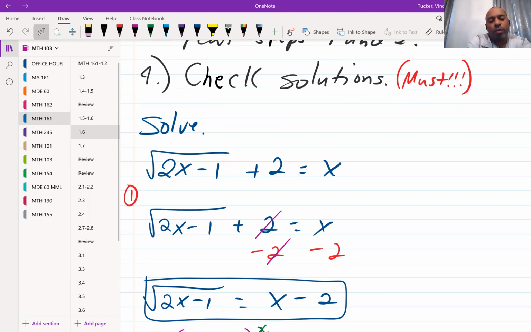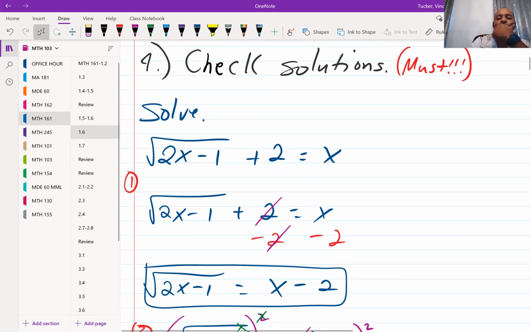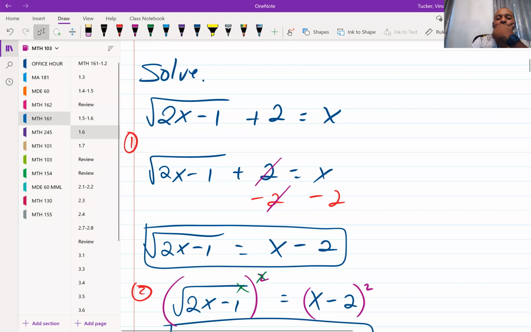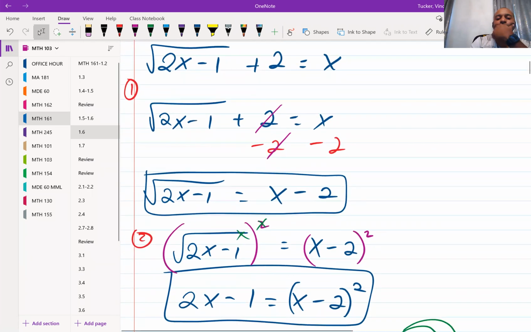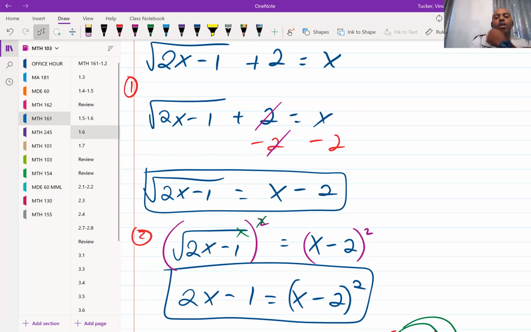That gives us the square root of 2x minus 1 equal to x minus 2. So we're dealing with the square root. I need to get the square root off of that, so I need to square both sides. The square root and square cancel out on the left, leaving me with 2x minus 1. And on the right, I have x minus 2 squared.